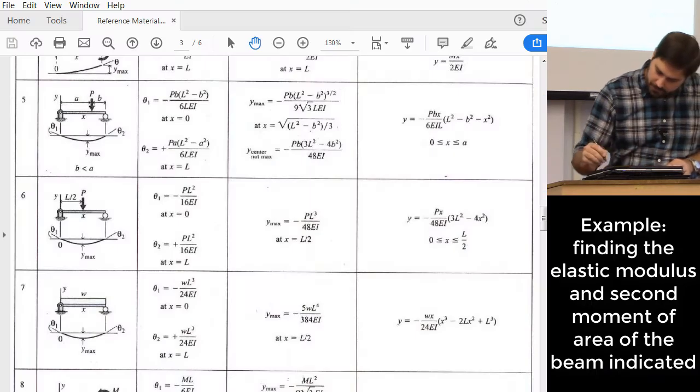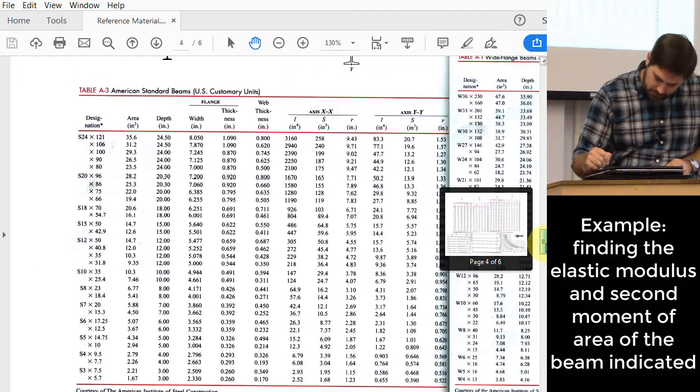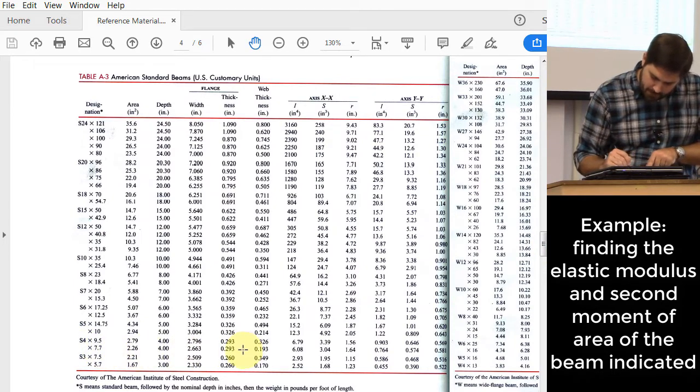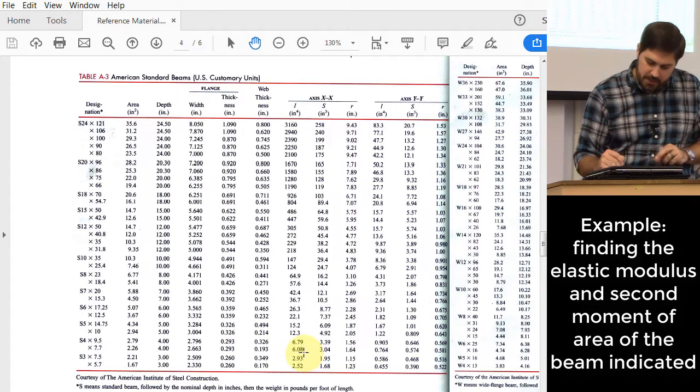Let's see here. I think it's right here. S4 by 7.7. I don't need S now, I need I. I is going to be 6.08 inches to the fourth.